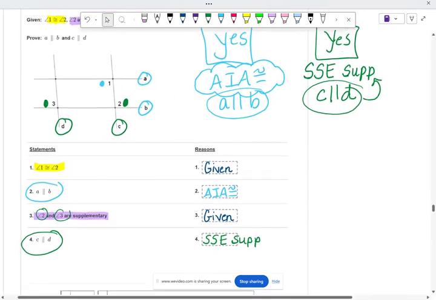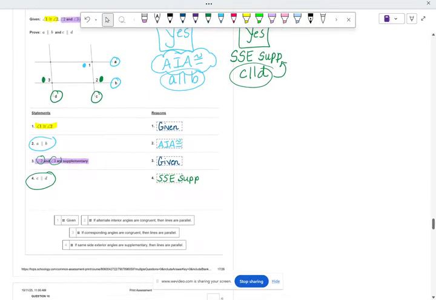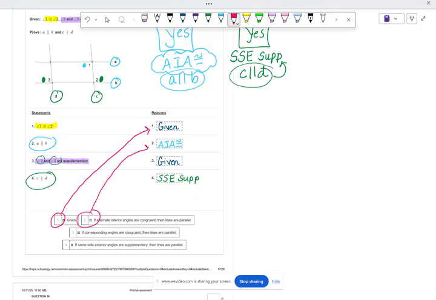All right, now I'm going to shrink this and make sure that all of these answers are down here and available for us to choose. Number 1, given, was right here. Number 2, alternate interior angles are congruent. That was available for us to use as a reason in our proof.